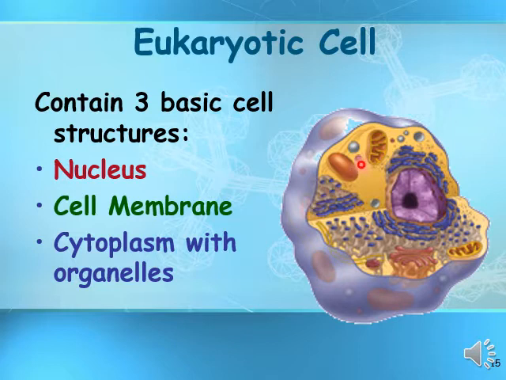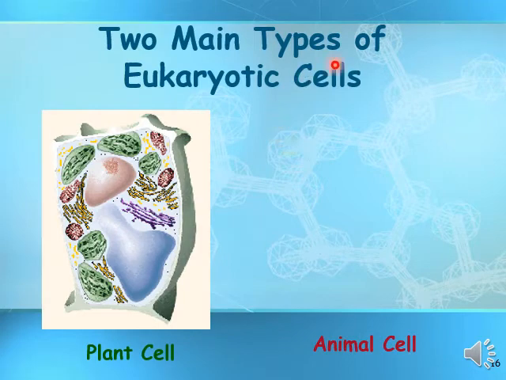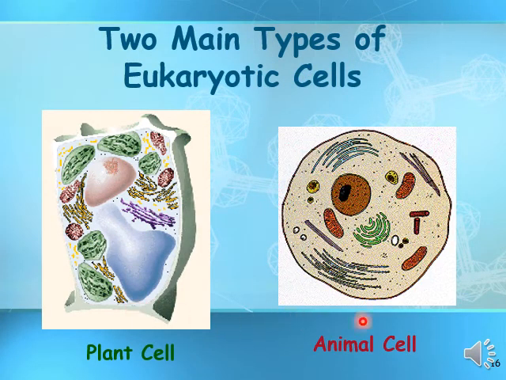Besides the cytoplasm, containing many types of cellular organelles. The main types of eukaryotic cells are plant cells and animal cells. This is an animal cell and this is a plant cell.